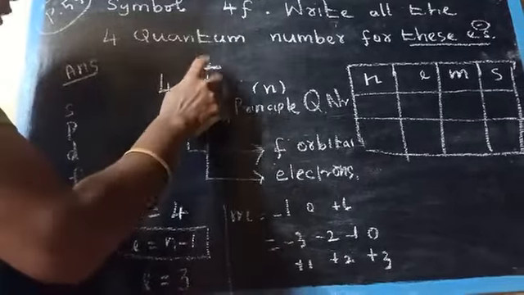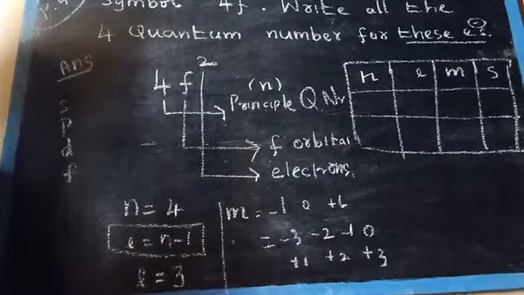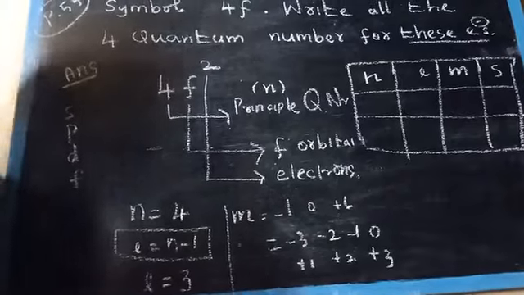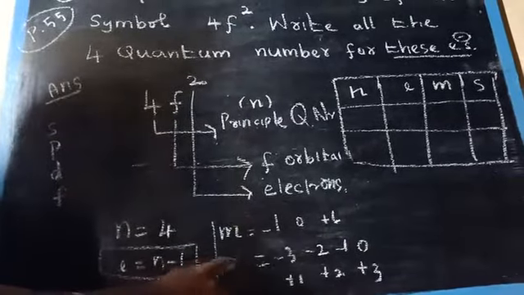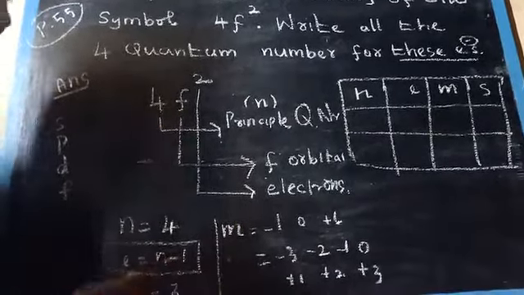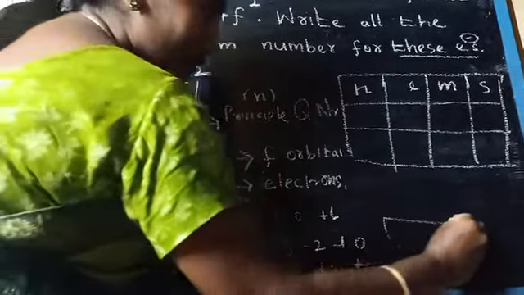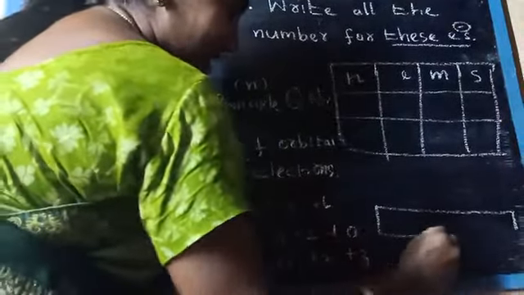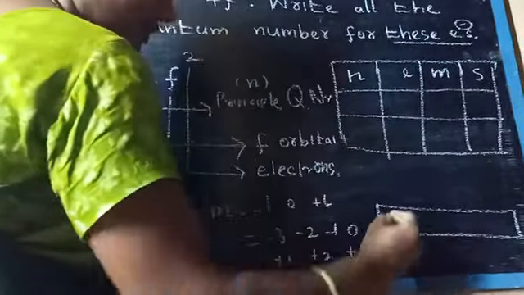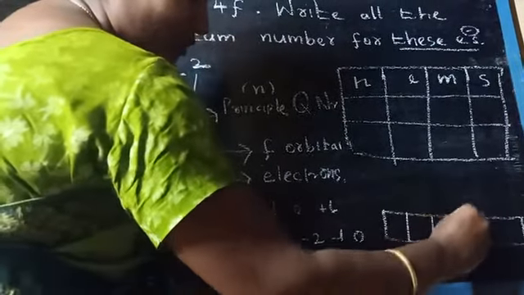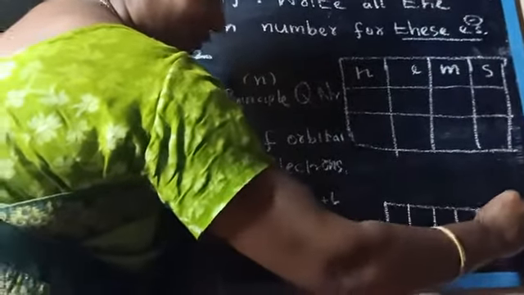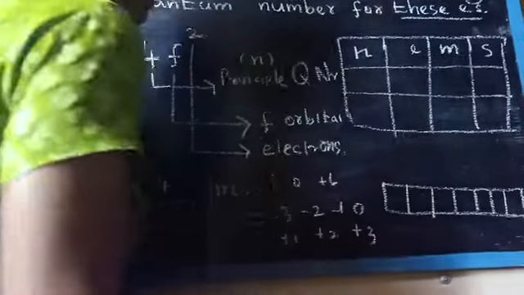So here only 2 electrons are given. At the same time, this F orbital, how many orientations? 7 orientations: 1, 2, 3, 4, 5, 6, 7.